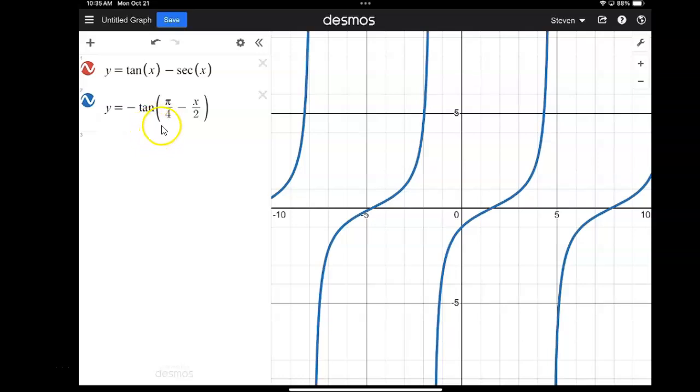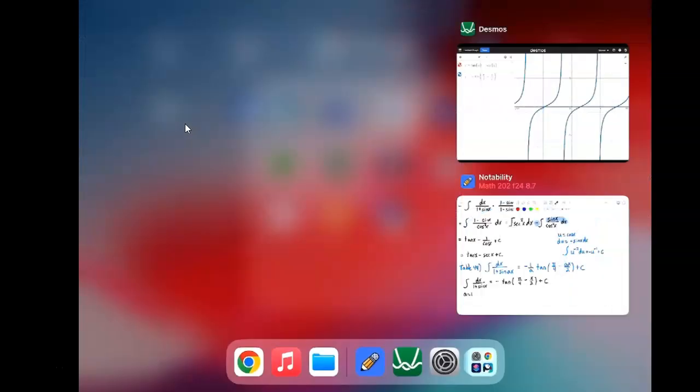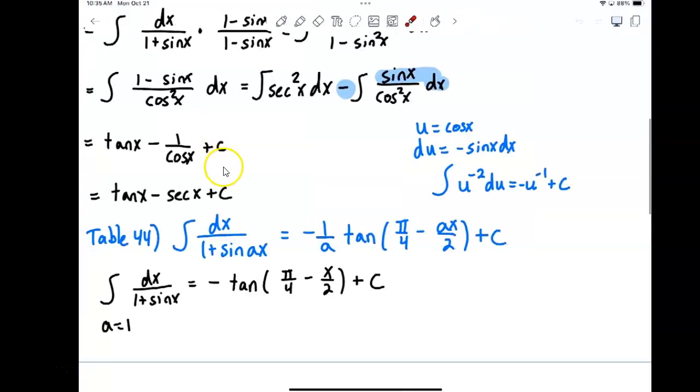So we're not going to mess with that. We can just see graphically they agree. And that's often the case with integrals worked out with one method compared to another, especially with trig functions, that they're often a little bit different.